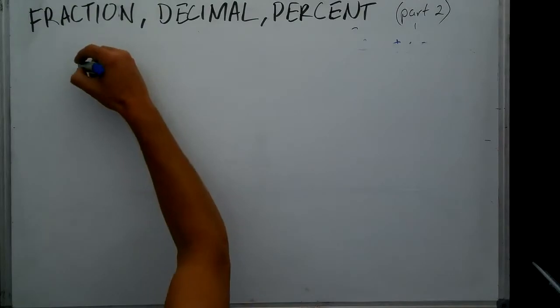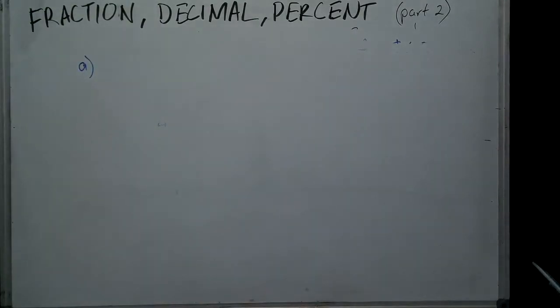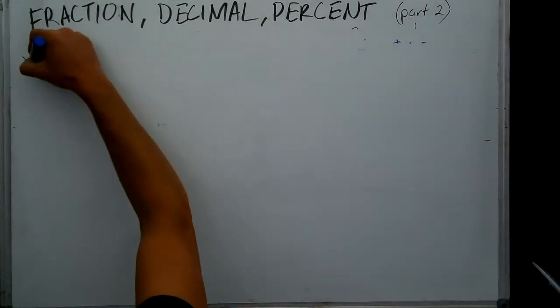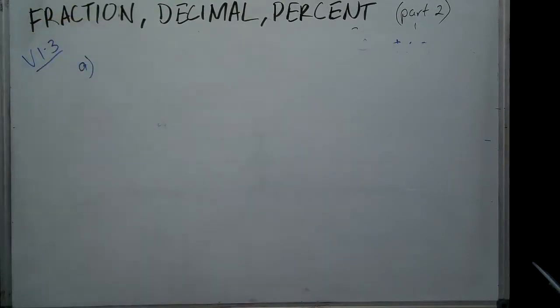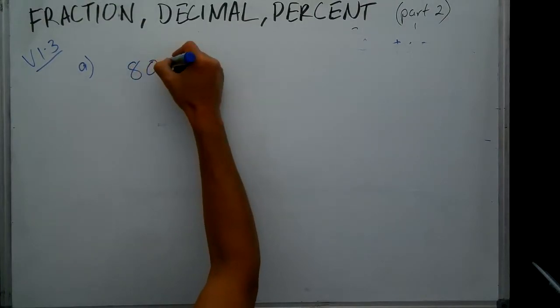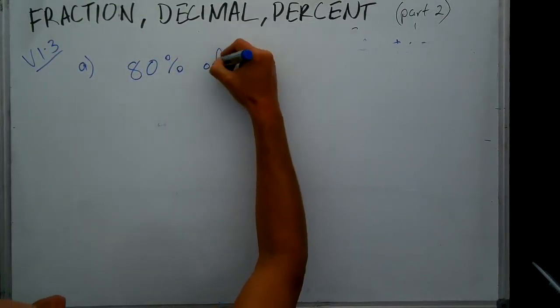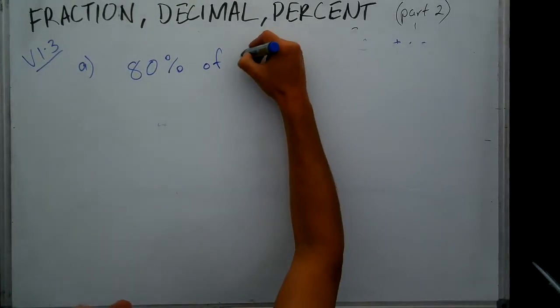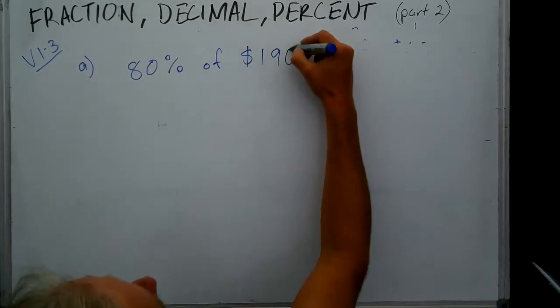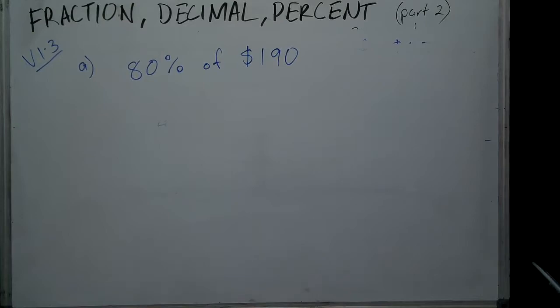These are just the book references. So we need to find 80% of $190. So what we need to do here is to convert the percent to a decimal, and the "of", turn that into a multiplier.